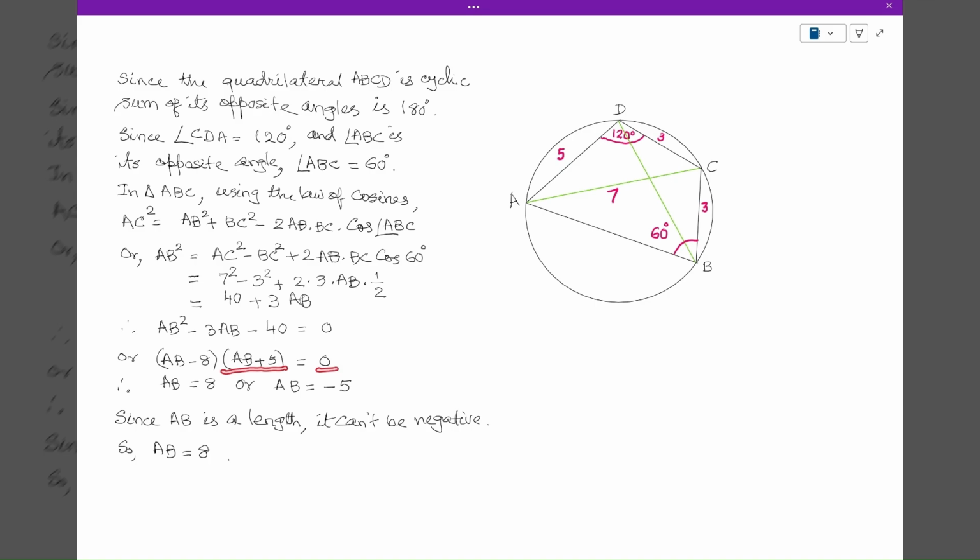Please check that AB minus 8 multiplied by AB plus 5 is equal to this, and think about how you can factorize this expression to get this. That is quite simple. Now then we get from this equation AB is equal to 8 or AB is equal to minus 5. But AB is a length, therefore it cannot be negative. Hence AB is equal to 8.